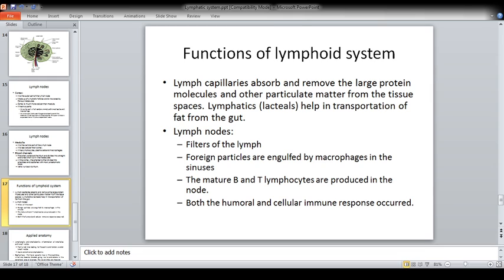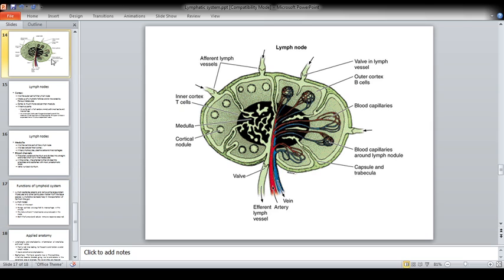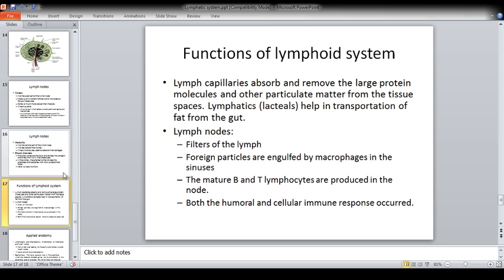Now let's talk about some functions of the lymph node. So the lymph capillaries, these smaller channels, they absorb and remove the large protein molecules and other particulate matter from the tissue spaces. Particulate matter means, the blood normally should be composed of plasma as well as the blood cells and some nutrients.